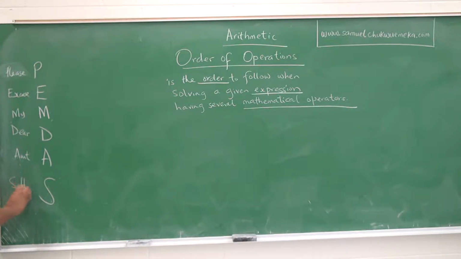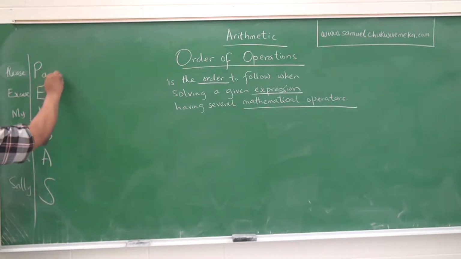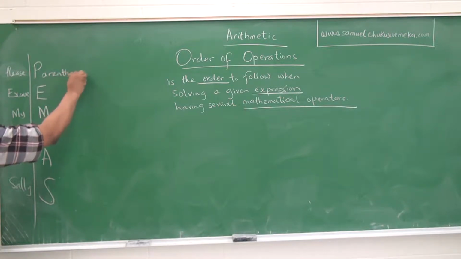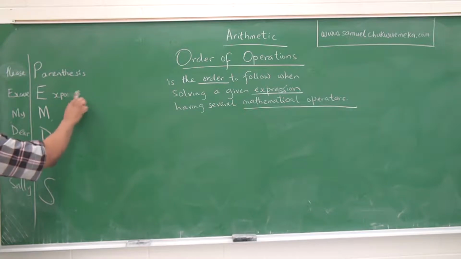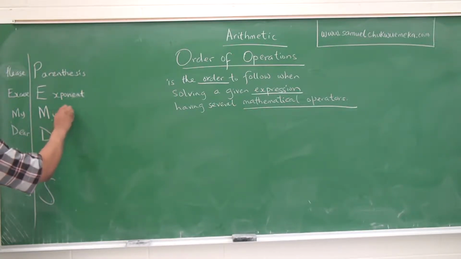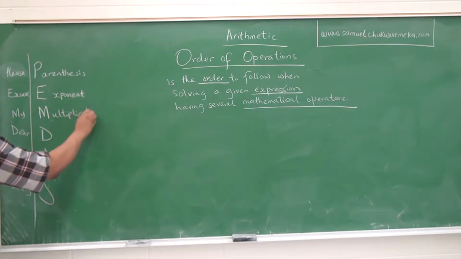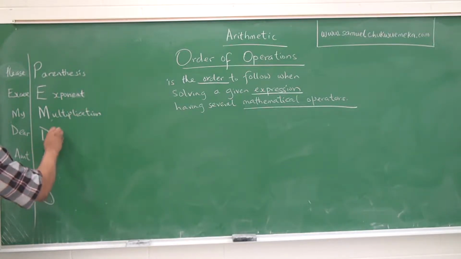Now this is the popular thing here in America to follow, which is still good. P stands for parentheses. E stands for exponent. M stands for multiplication. D stands for division.